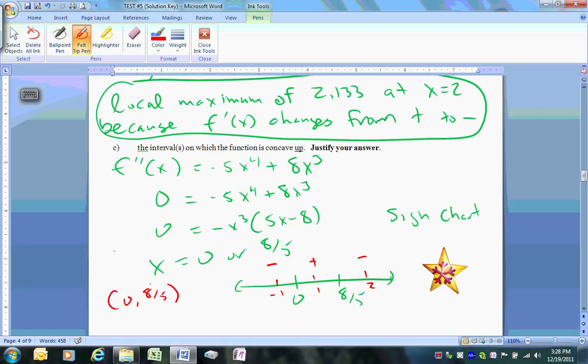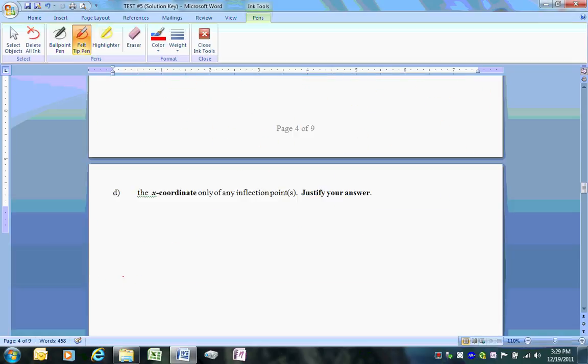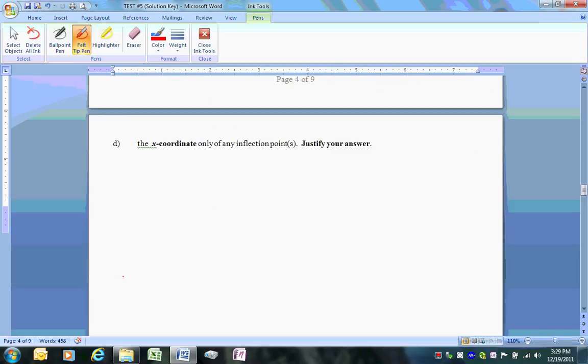And keep in mind we want to use parentheses, not brackets, because at 0 and 8/5, it's really not concave up or concave down. That's when you have a point of inflection at those values. Which brings me to the next part, part D, the x-coordinates of the points of inflection.